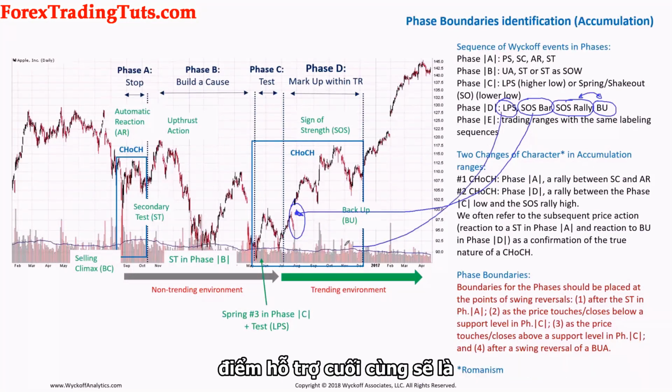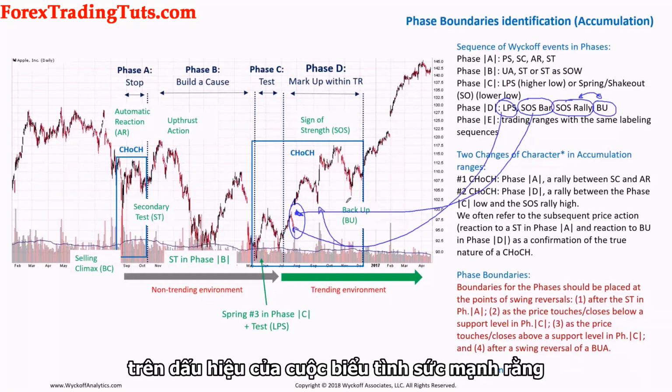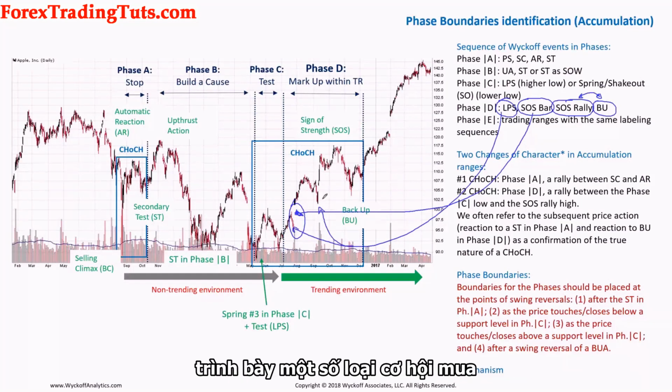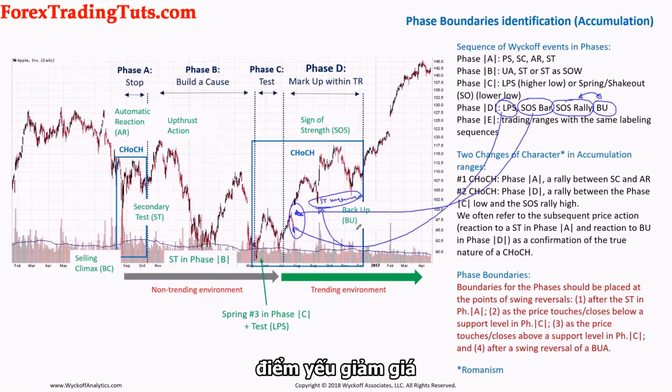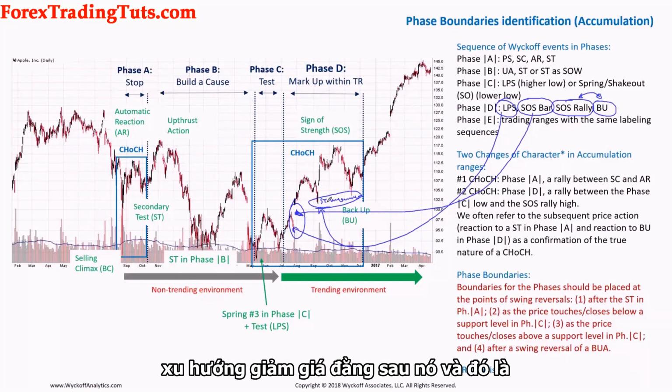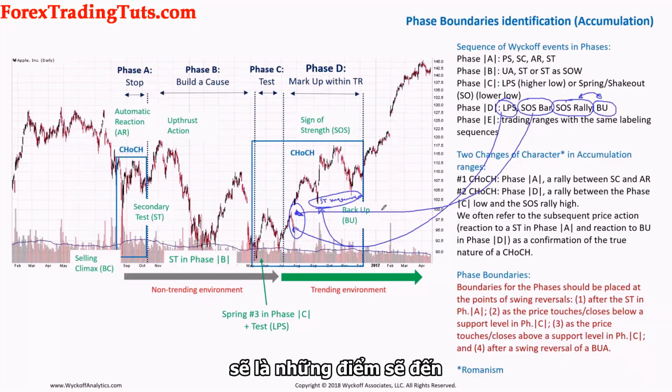Last points of support are going to be all of the reactionary lows on the sign of strength rally that present some kind of buying opportunity. Those are going to be short-term weakness situations where we're going to say that the long-term bias is to the upside, but the short-term bias has some kind of bearish bias behind it, and those are going to be the spots associated with establishing or adding to the position.